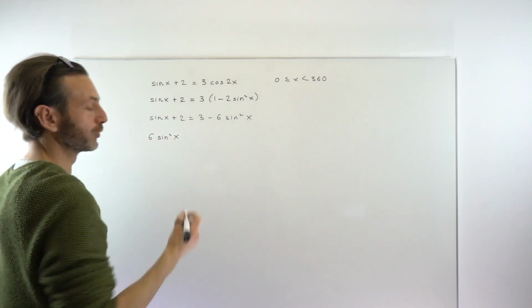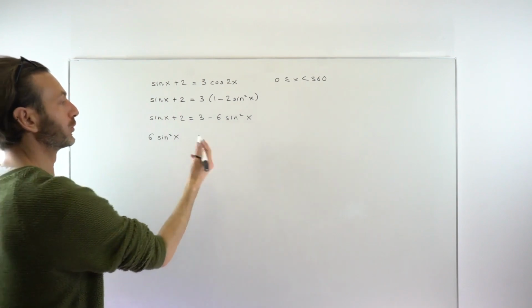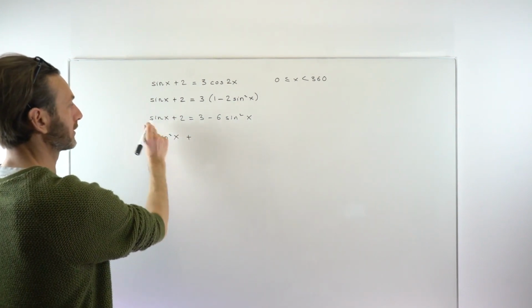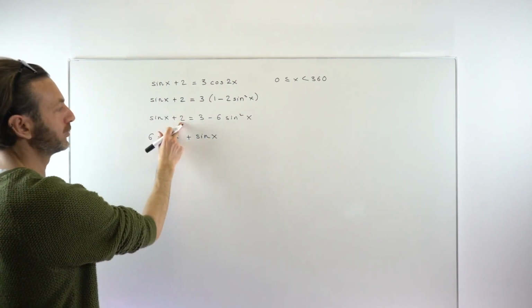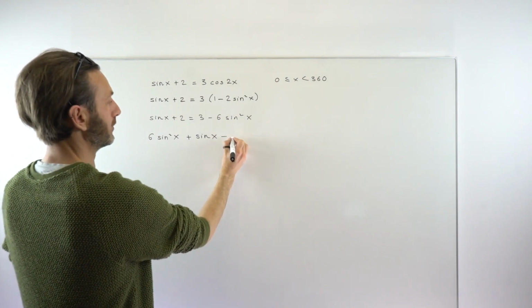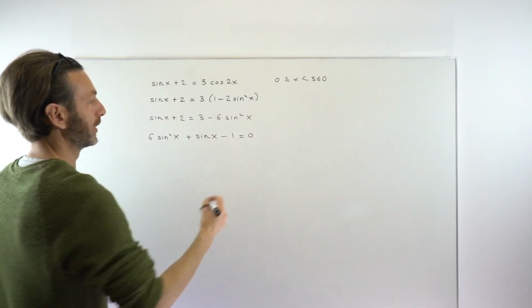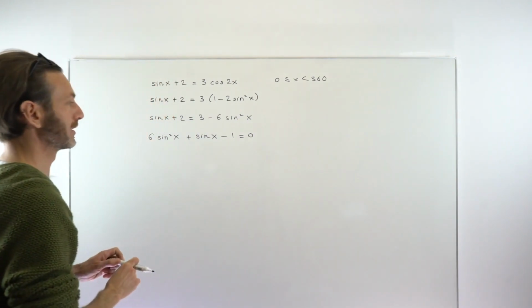That's playing the role of what would normally be an x squared term. The sine x is playing the role of what would normally be an x term, so we'll put that one next. That's a positive sine x. And then just pulling the numbers together, so 2 on this side, 3 on that side is going to become a minus 3 on the other side, so 2 minus 3 would be minus 1. So at that point, we've made our substitution, we've set it up as a quadratic trigonometric equation.